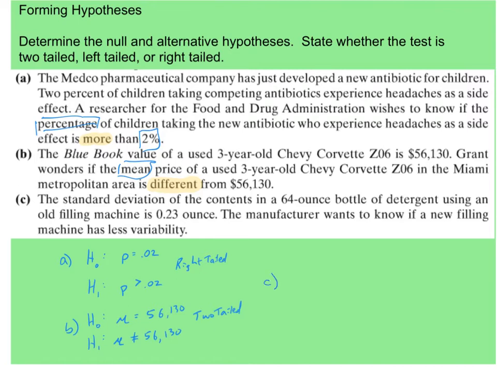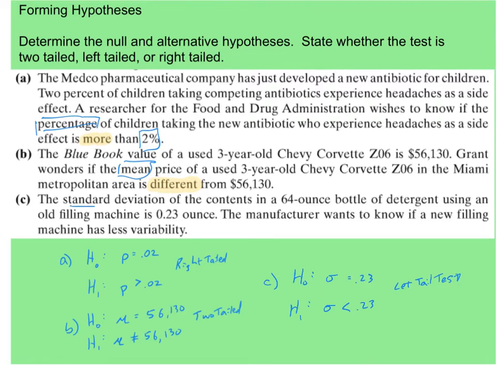Part C, this one, we're looking at the standard deviation. Oops, I forgot my H's. H naught, H1. We're talking about standard deviation in this one, and it's 0.23 versus the standard deviation being less than 0.23. And then this one would be a left-tail test. How did I know that? Let's circle where it talks about standard deviation.